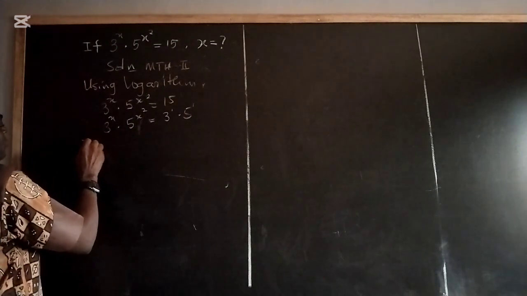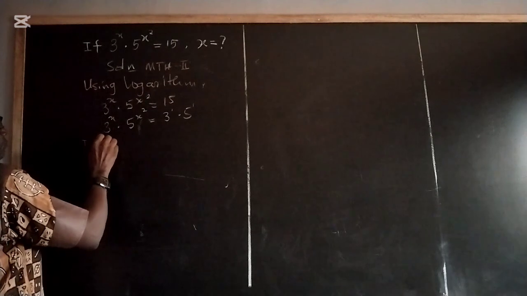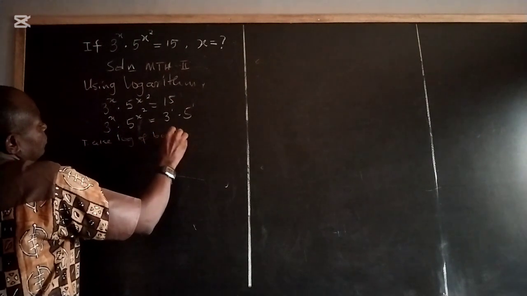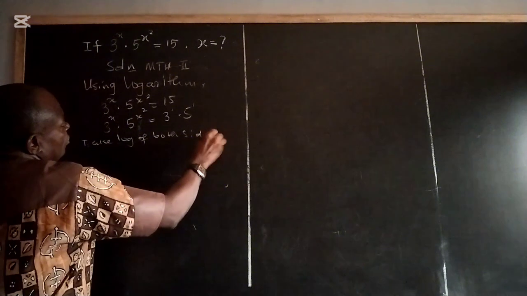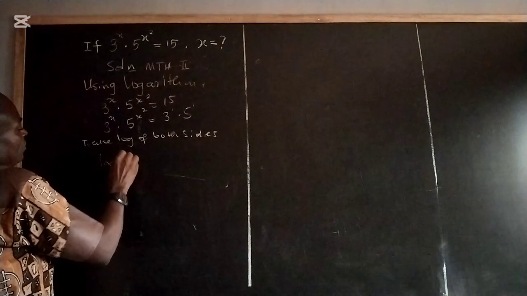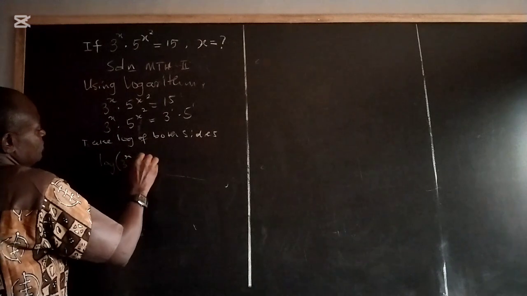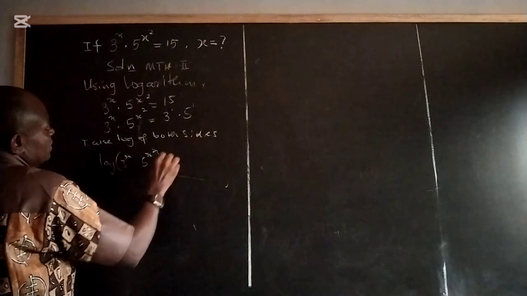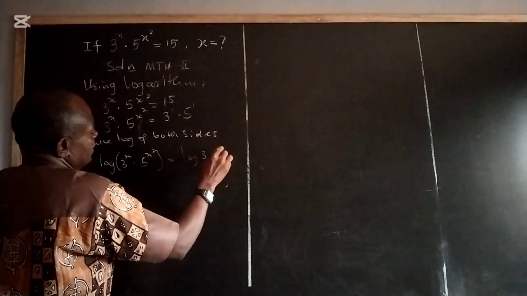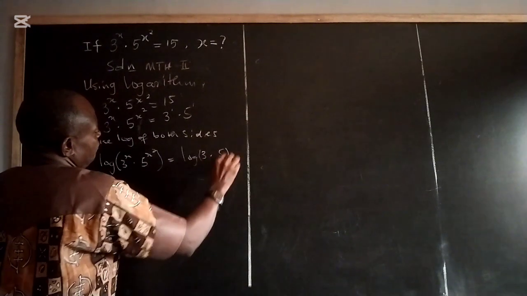So we take logarithm of both sides. Take log of both sides. So we have the logarithm of 3 raised to power x times 5 raised to power x squared equals the logarithm of 3 times 5.